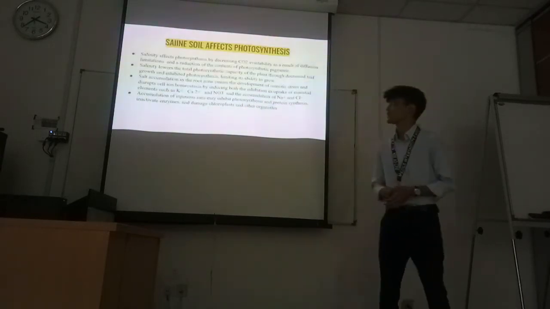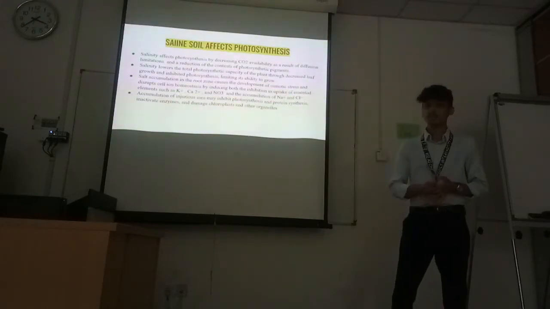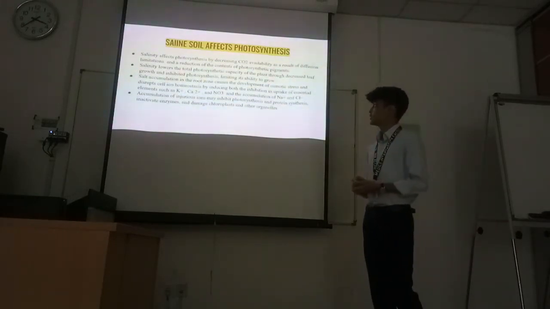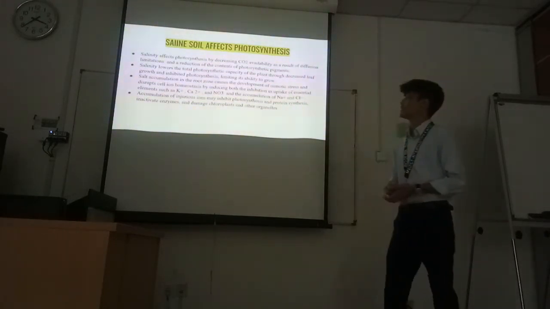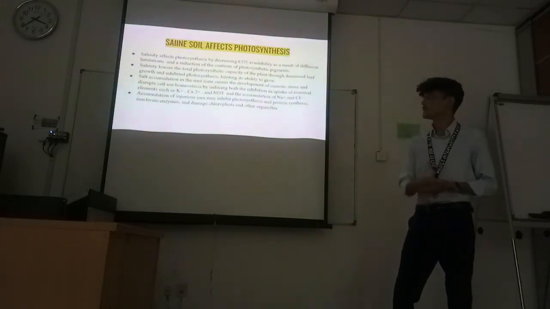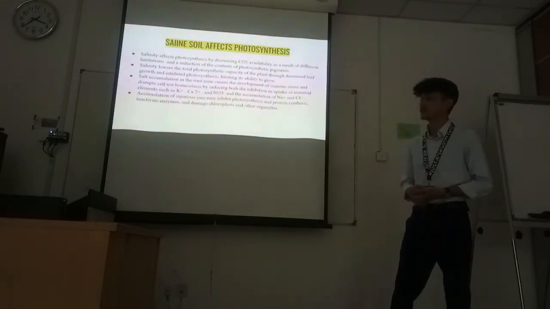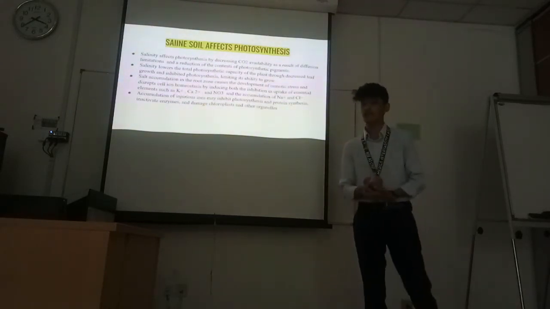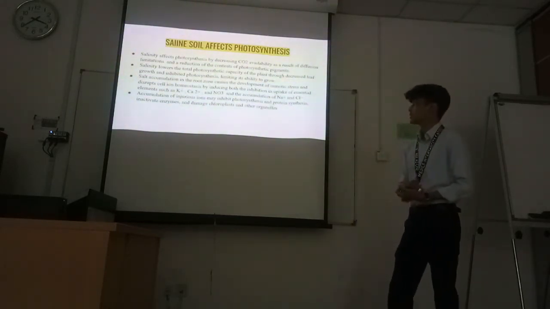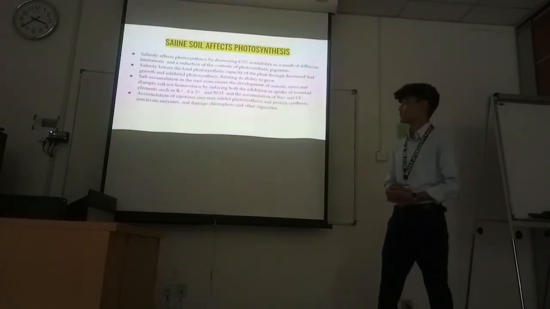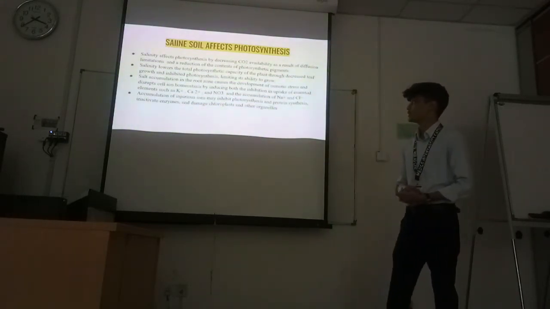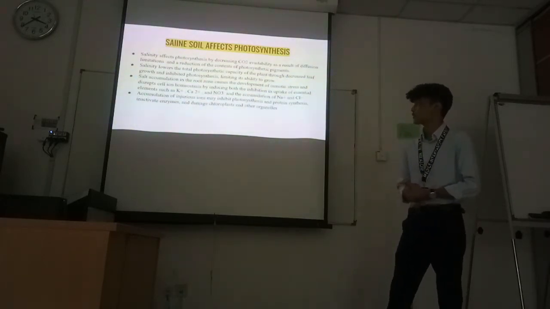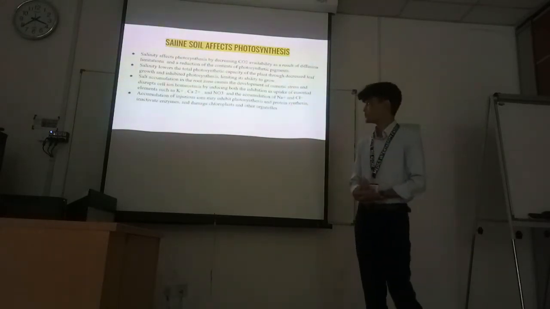Next, moving on to the second effect, which is that saline soil will affect photosynthesis. Salinity will affect photosynthesis by decreasing carbon dioxide availability as a result of diffusion limitations and a reduction of the contents of photosynthetic pigments. Salinity will lower the total photosynthetic capacity of the plant through decreased leaf growth and inhibited photosynthesis, which will limit its ability to grow.